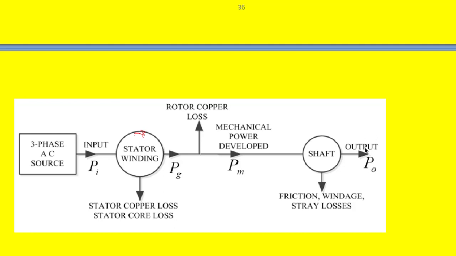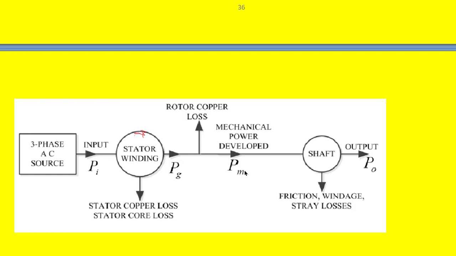This is the ultimate power from the motor. If these friction and windage losses are negligible, then the mechanical power developed PM will be equal to P0. So these stages we have to remember while solving the problems. This should be in mind while solving the problems.